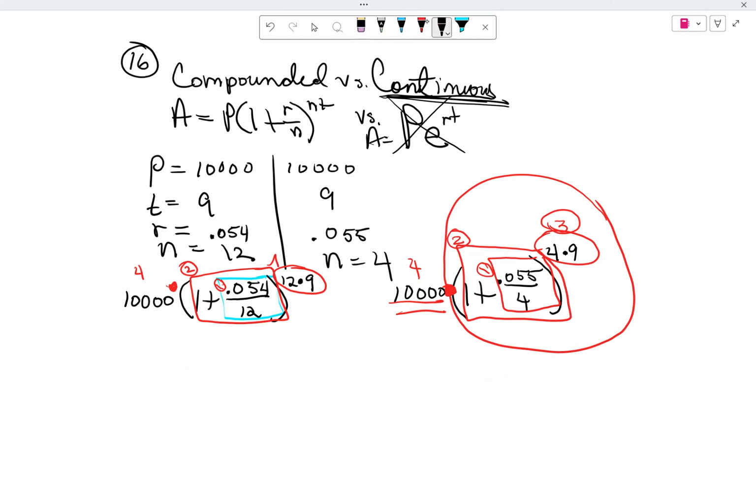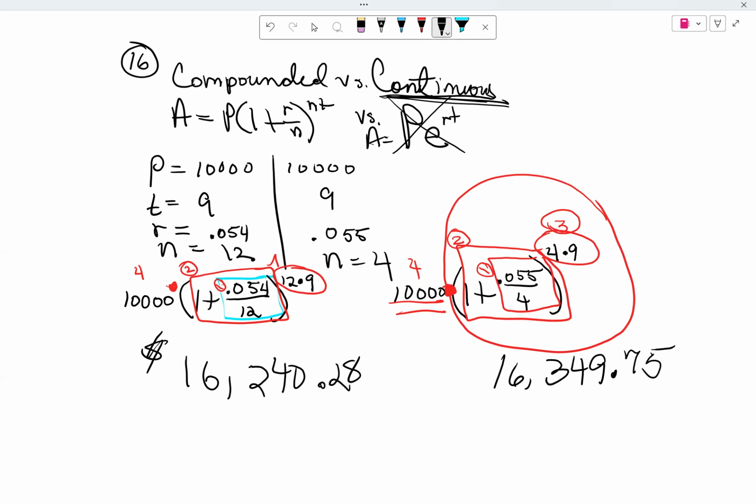So I don't think that's correct. Can somebody verify another number? 16,240.28, okay. And the other one? 16,349 and change? 75?